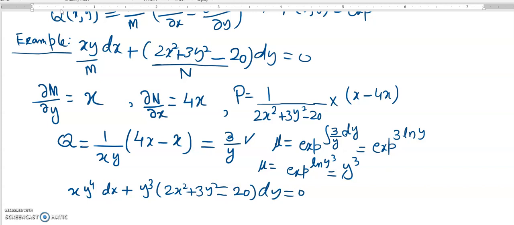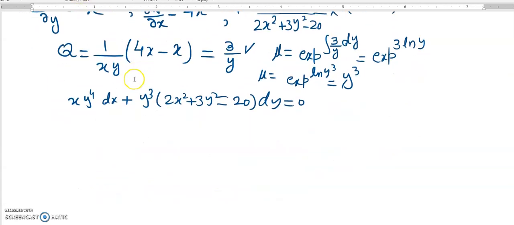Now we can check whether this equation is exact or not. It should be exact. So this will be M, and this whole expression will be N.